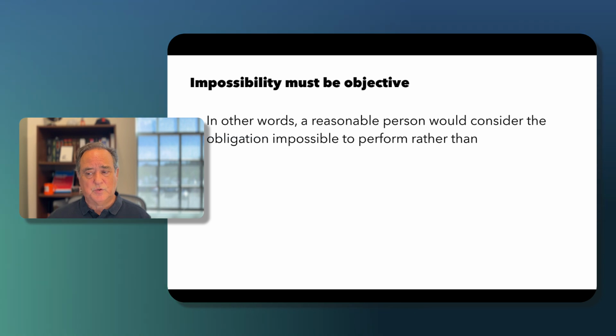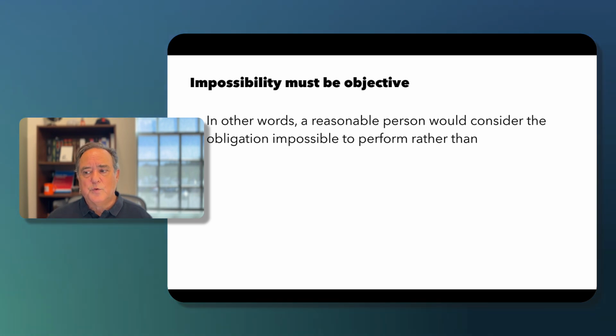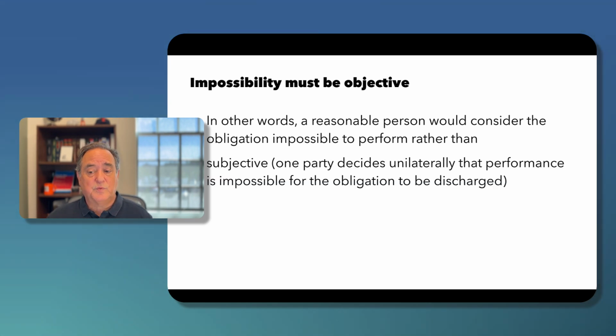So in other words, a reasonable person would also consider the obligation impossible to perform, rather than subjective, where one party unilaterally decides that performance is impossible for the obligation to be discharged.